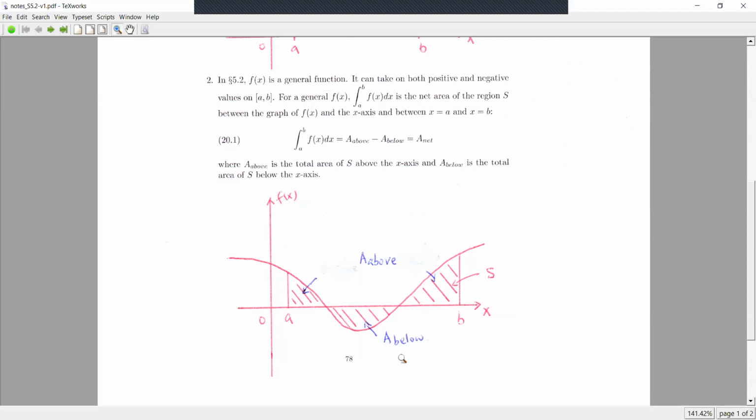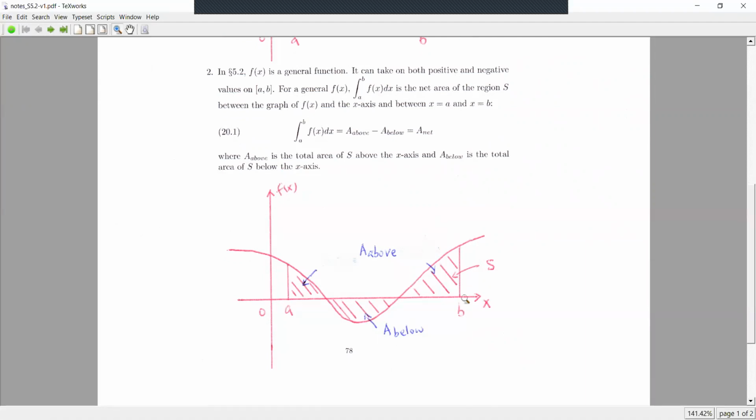Here is a diagram of the region. The region between the graph of the function and the x-axis and between a and b is the shaded region here. Net area of this region means the total area above the x-axis minus the total area below the x-axis.